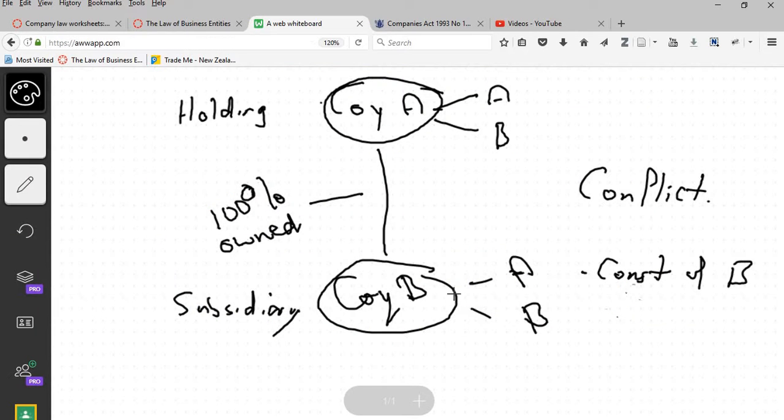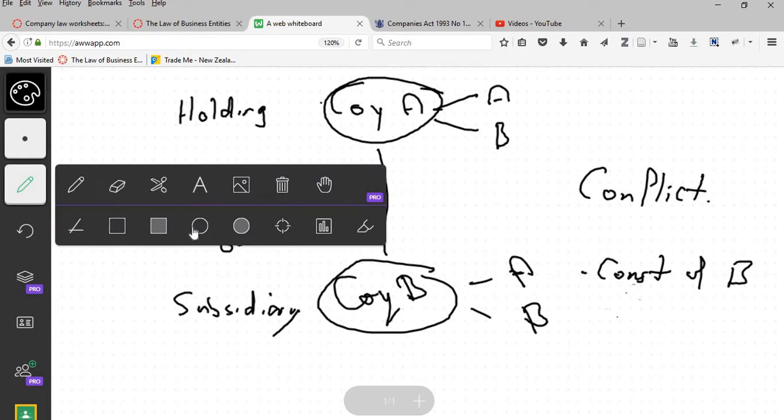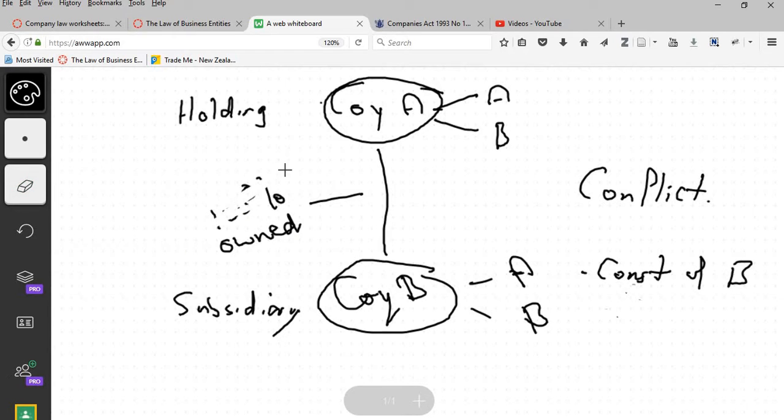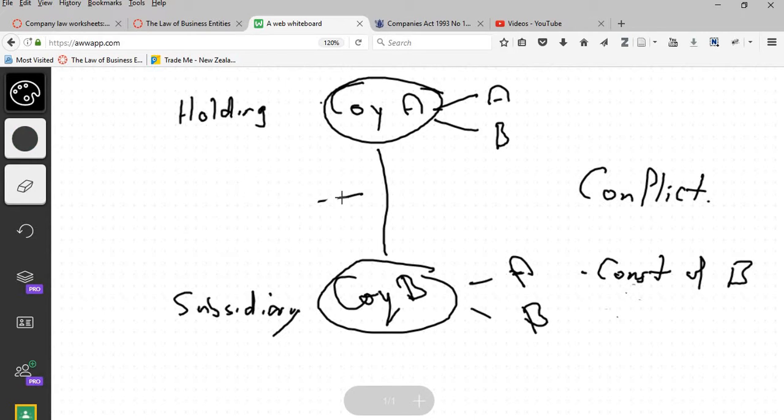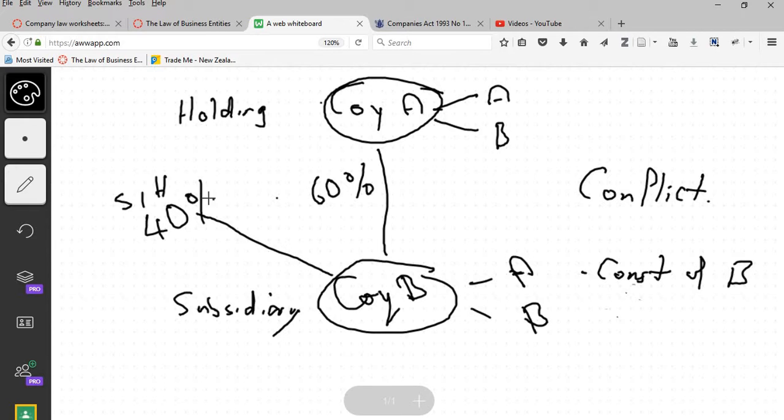So the difference here is, instead of being a wholly owned subsidiary, that parent company is, let's say, just a 60% shareholder. So they have 60% of the shares. And we have another shareholder that has 40%. And that's what we'll call shareholder X.